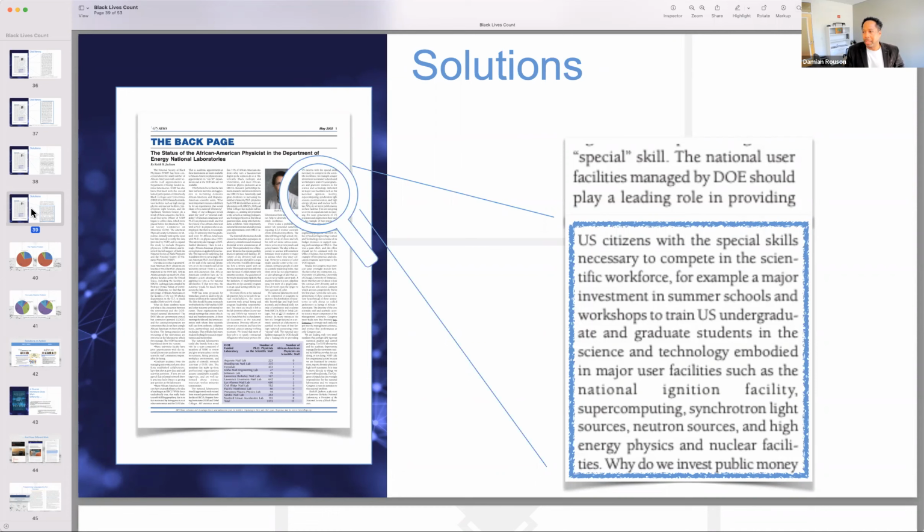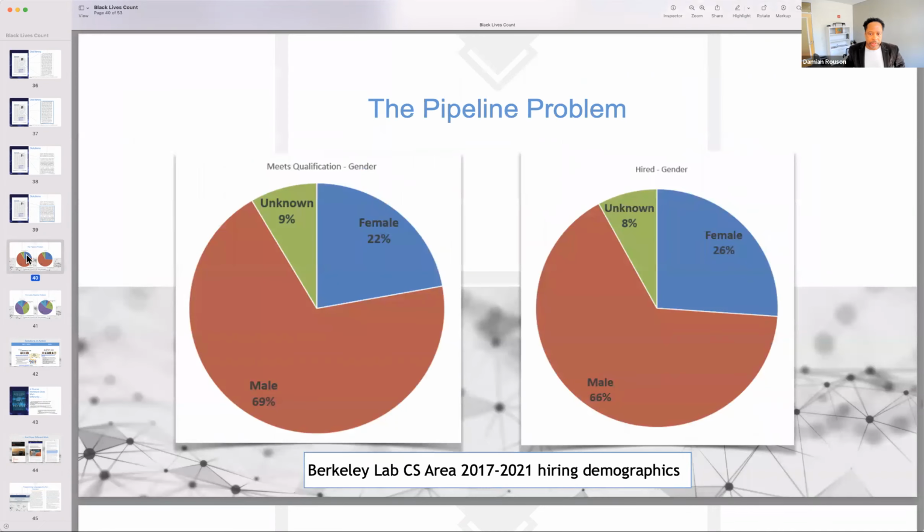And those are the people that we're looking to when we're hiring from our professional networks, which we so often do. I've been very fortunate to have Deb Agarwal, who's a division director here at Berkeley Lab, as an ally in this, because she's been helping me go after more data.